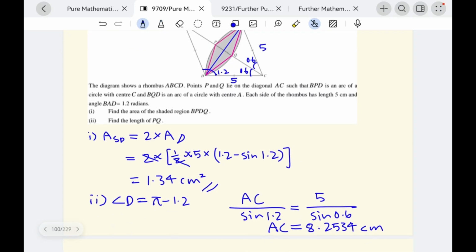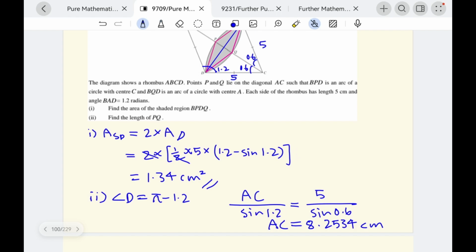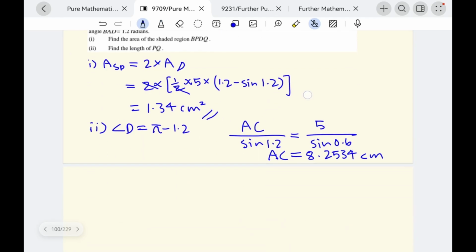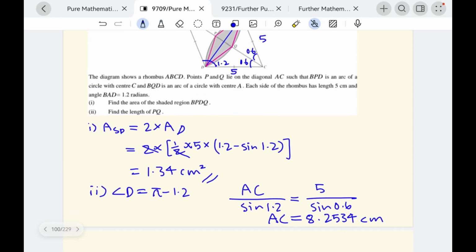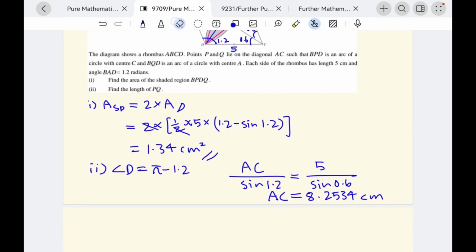Alright, so what's the next step? Oh, sorry, I think I made a careless mistake. This angle should not be 1.2, it is pi minus 1.2.